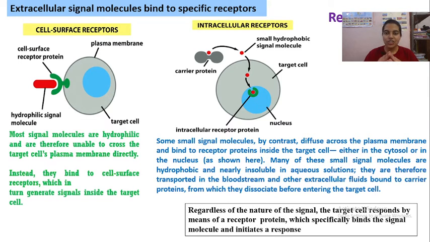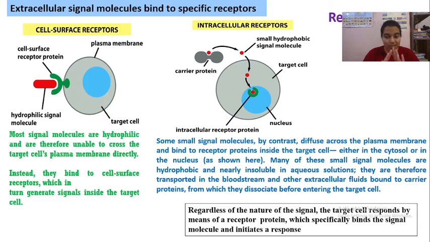In the next image, we can see intracellular receptors. The receptors are not found on the surface of the cell but are present in the cytosol or in the nucleus. So the signaling molecule must be hydrophobic in nature and nearly insoluble in aqueous solution. Therefore, they can enter the cell and bind either to the receptor present in the cytosol or in the nucleus, according to the cell and its function.